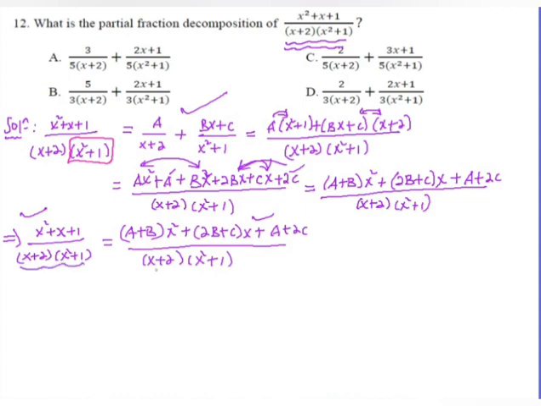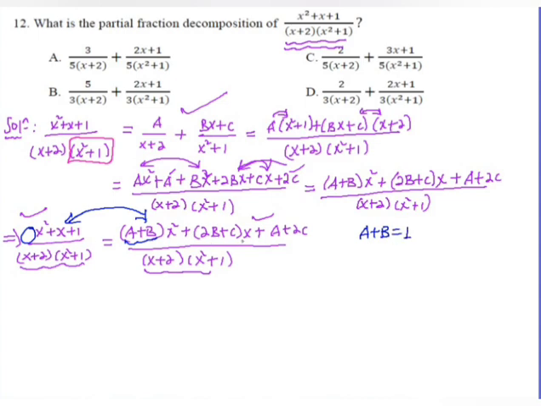Obviously they have the same denominator, so we need to compare their numerators. We are assuming that these two expressions are the same. The coefficient of x squared here is 1, and the coefficient of x squared there is a plus b, so a plus b must be 1.